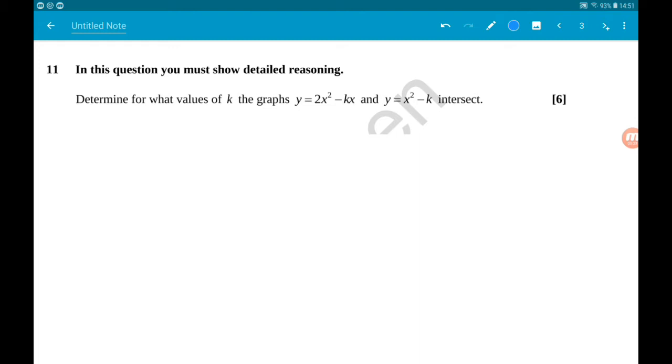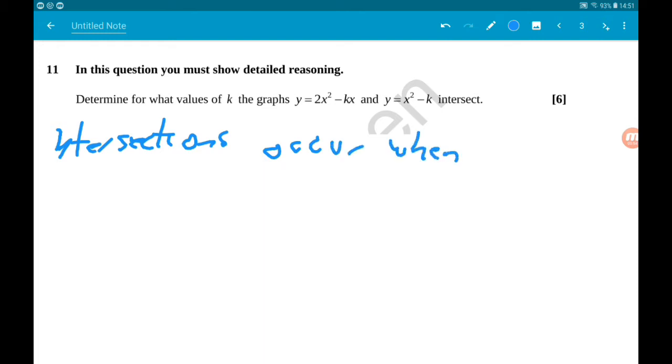Okay, so first of all, intersection points happen when the graphs are equal. So intersections occur when 2x squared minus kx is equal to x squared minus k.